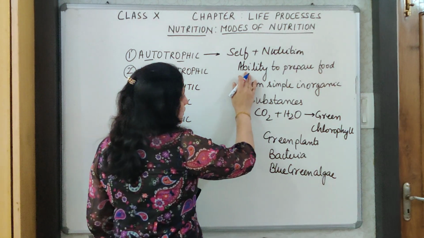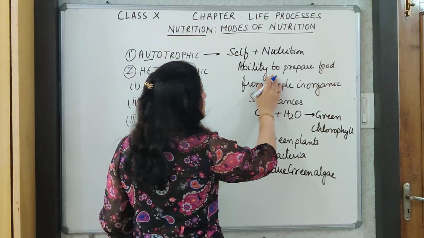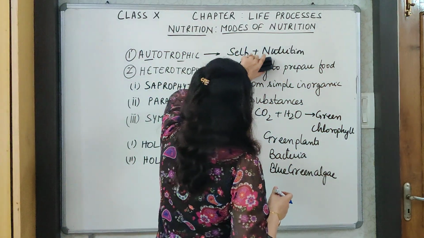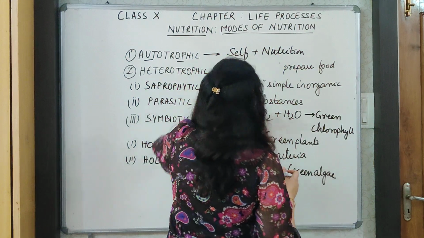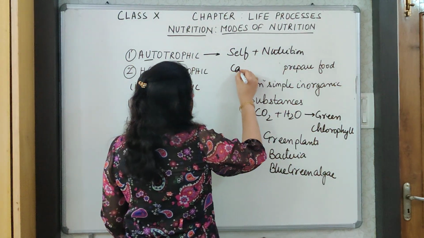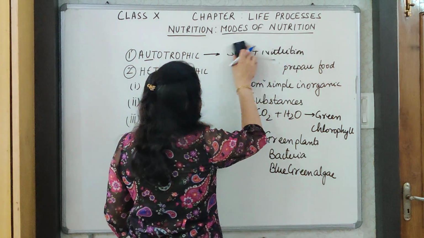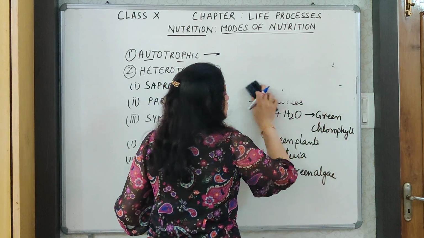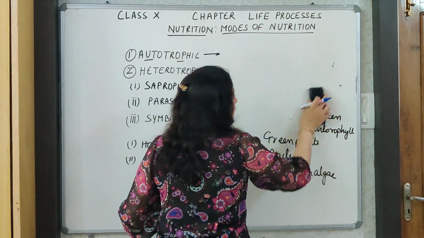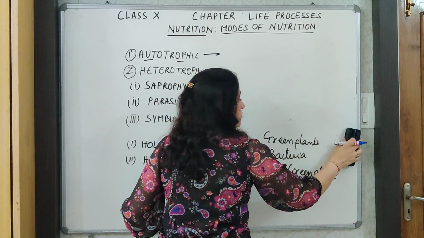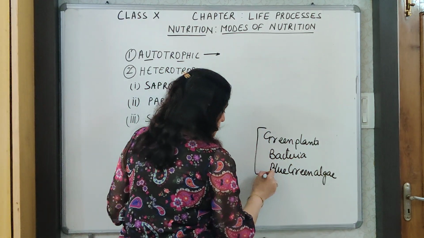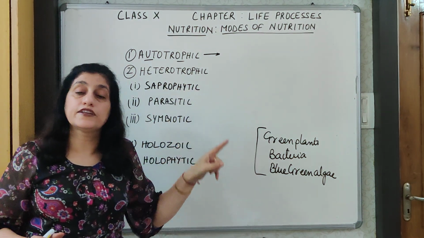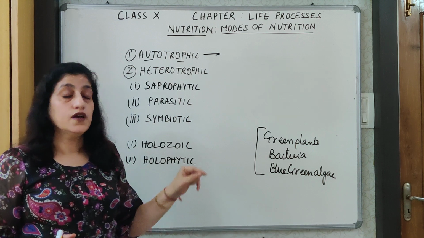The organism having the ability to prepare the food is autotrophic, and when an organism cannot prepare its food, but takes prepared food, it is known as heterotrophic mode of nutrition. All the organisms except these fall under the category of heterotrophic mode of nutrition.